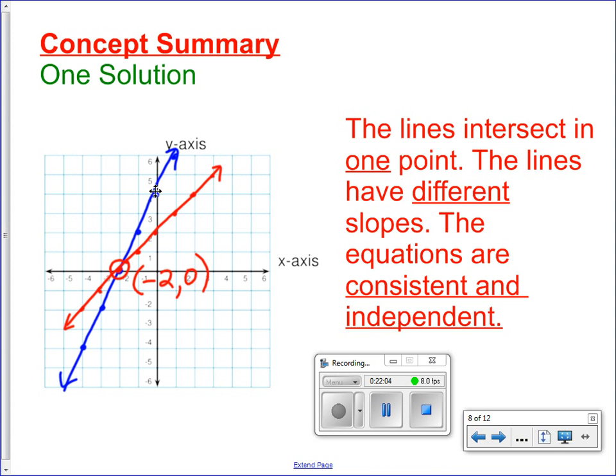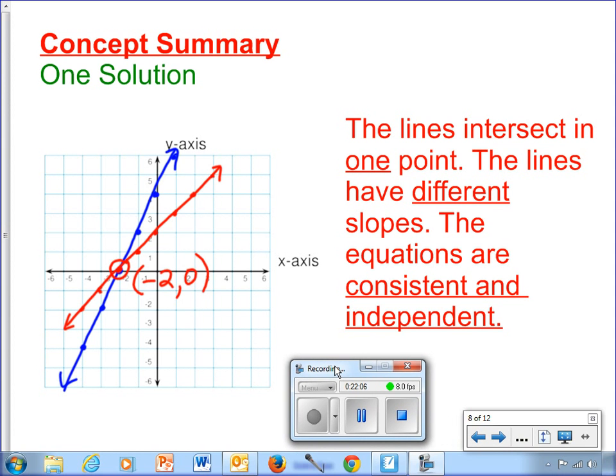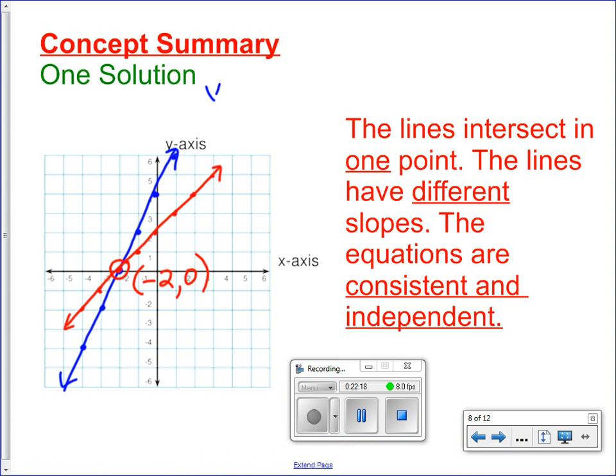All right, so when you have one solution, you find that the lines intersect in one point. The lines have different slopes. If I write my equations up here, y equals 2x plus 4, and the other one was y equals x plus 2.